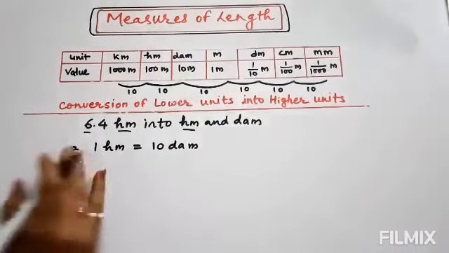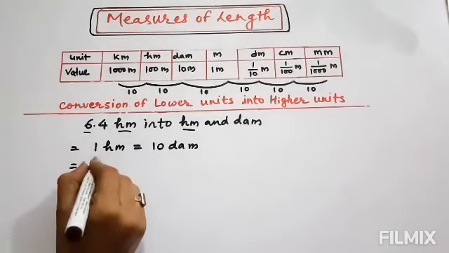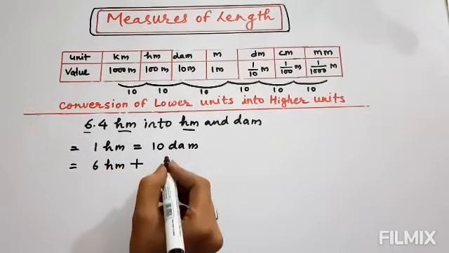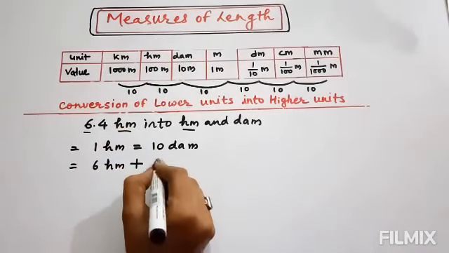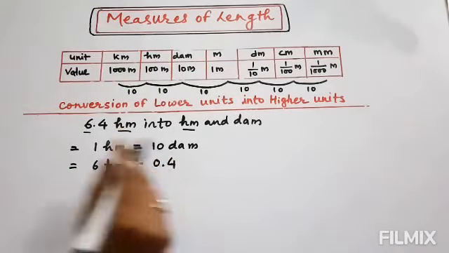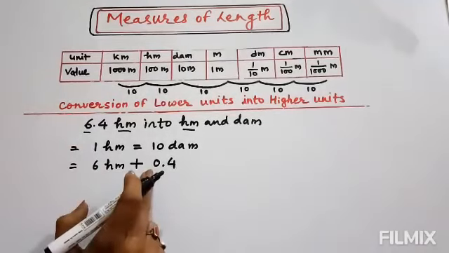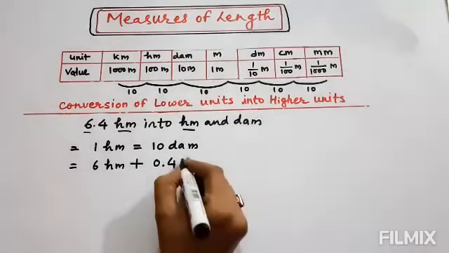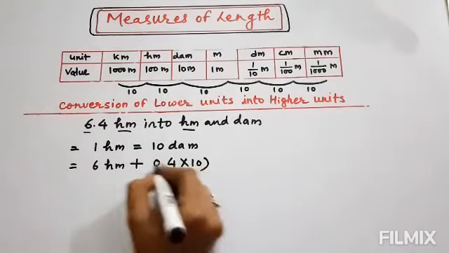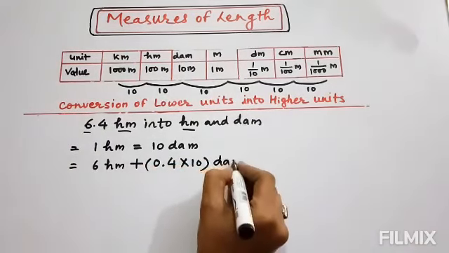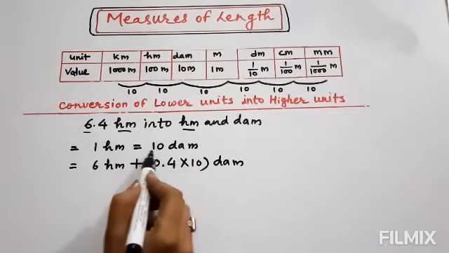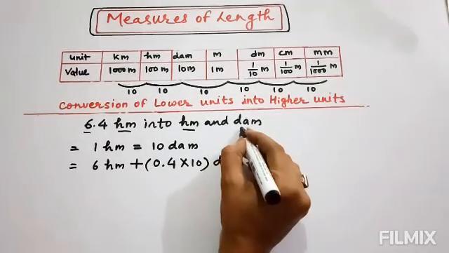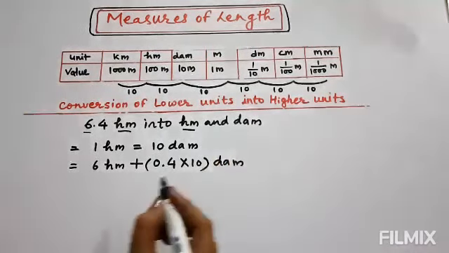Okay, now do here 6 hectometer, put a plus sign. Now the decimal part, it means 0.4, because the 6 we have already taken, so in place of 6 we write 0. 0.4 will be multiplied by 10. As 1 hectometer is equal to 10 decameter, we write decameter here, because the question asks to convert into decameter.